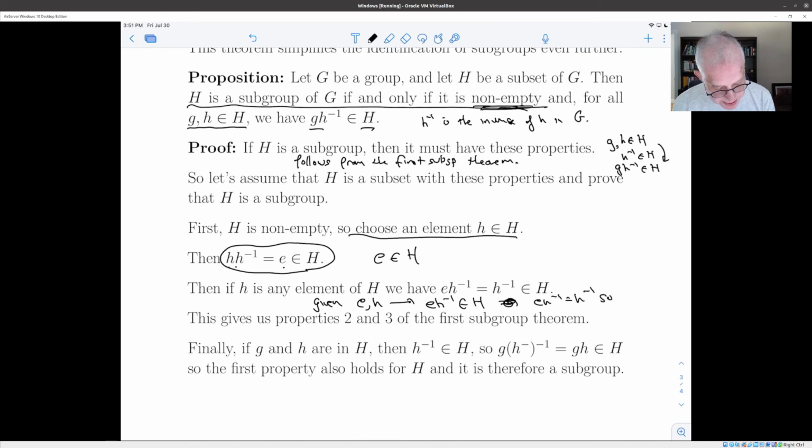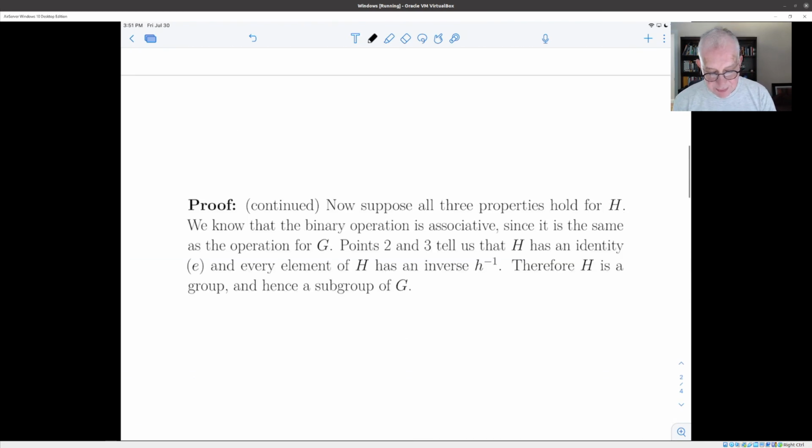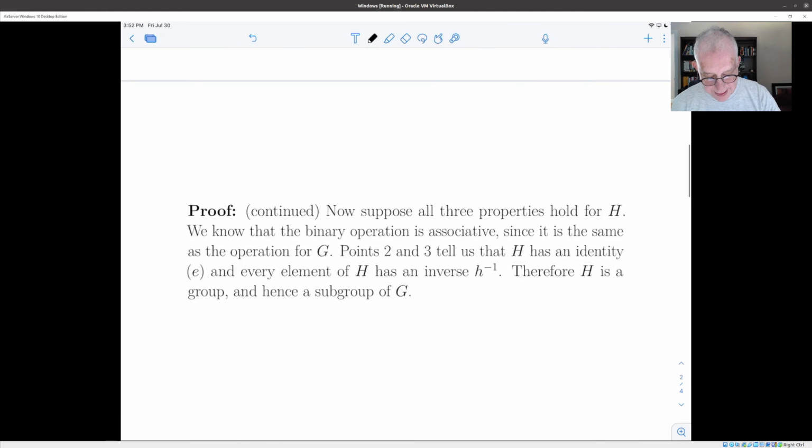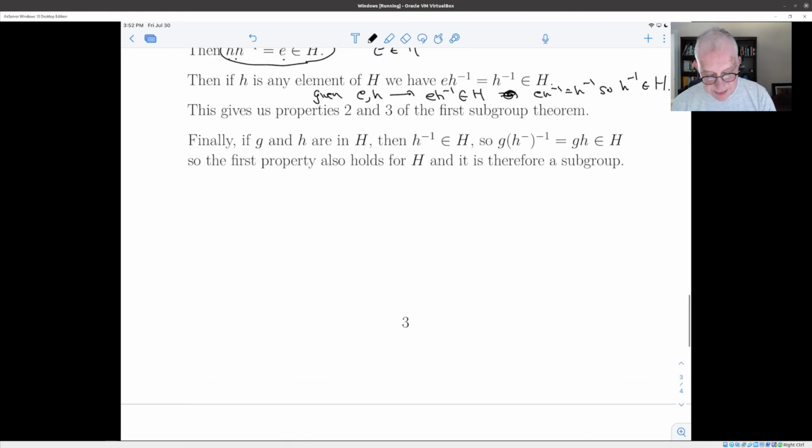So h inverse is in H. So what we've shown is that if h is an element of H, so is h inverse. So from the point of view of the first subgroup theorem, what we've shown is points 2 and 3. We finally have to deal with point 1, that the operation is closed.